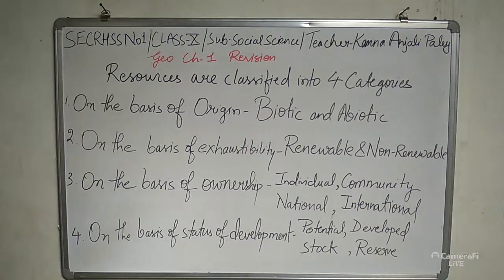Developed resources means the resources which are available in our area, and we know the quality and quantity of these resources. We have the existing technology to use those resources. Presently we are using those resources, which is termed as developed resources.